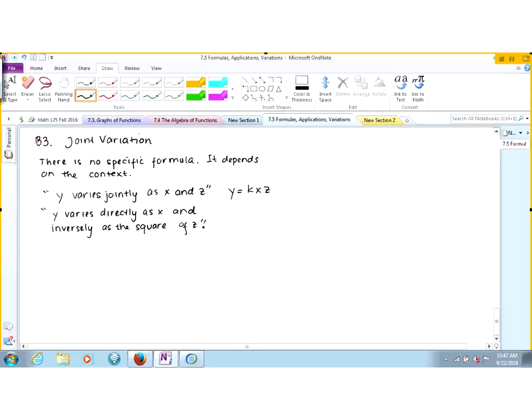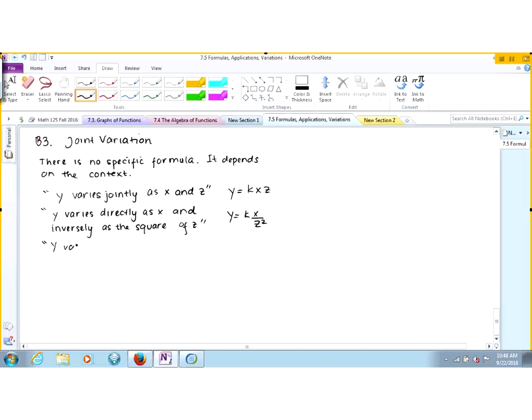How do we write it? Any idea? Yes, y equals k, so the k is always there. That's right. There you go. Make sense? So there is no specific formula.